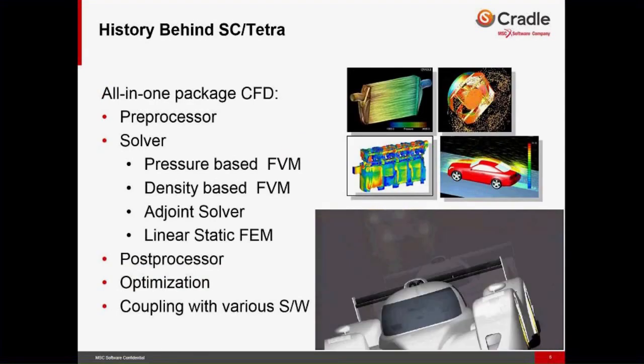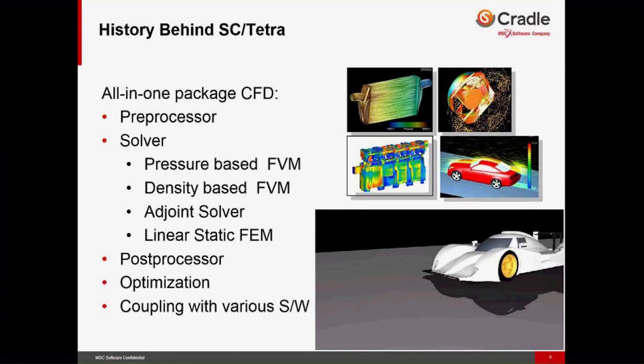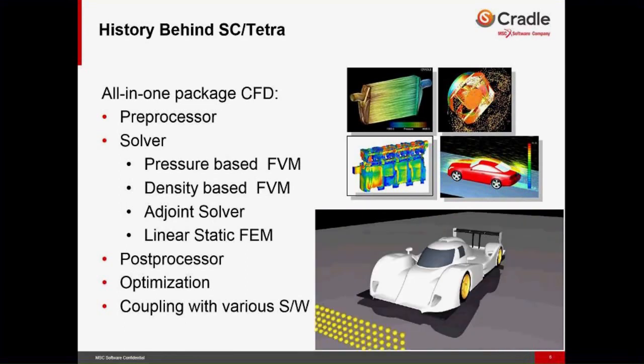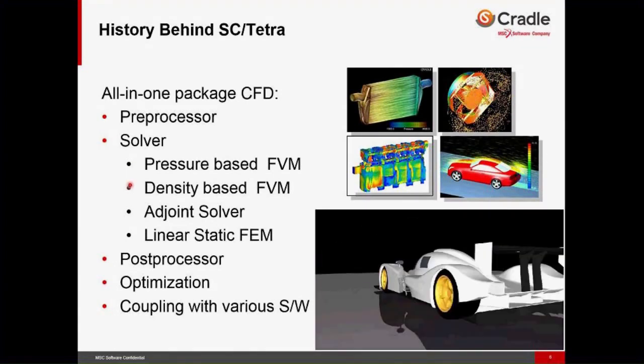So this is all-in-one package CFD software that comes with a preprocessor. Let me show my laser. So preprocessor, solver. Now, our SCTetra solver has 4 solvers inside. A pressure-based finite volume method solver, which is usually for low-speed applications.